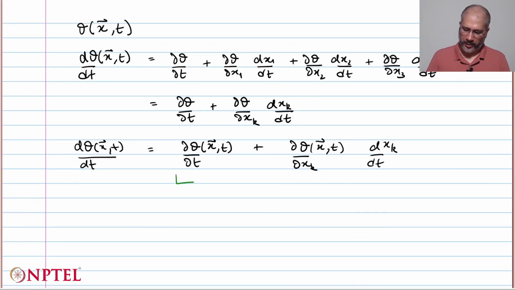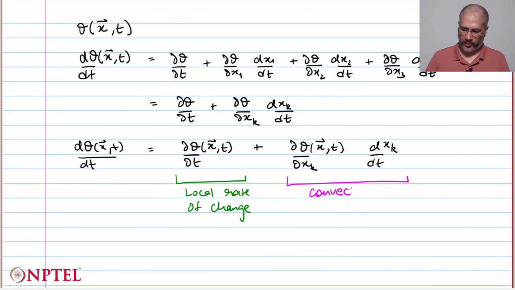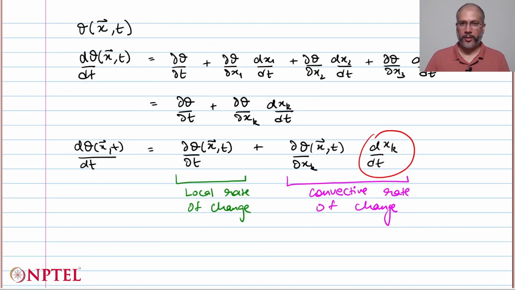Now, this quantity that we have here is called the local rate of change, and this quantity here is called the convective rate of change. Now, if we look at these terms, this one, dxk by dt, simply is the velocity.